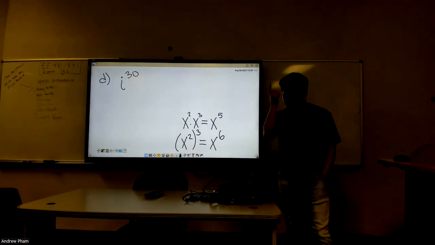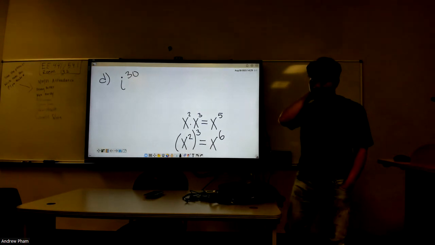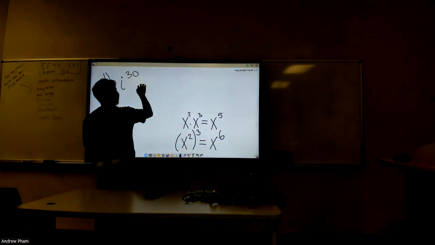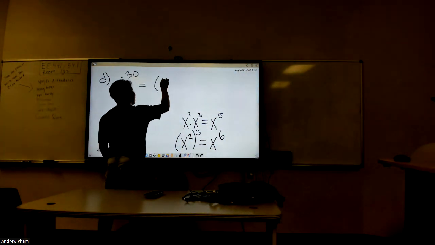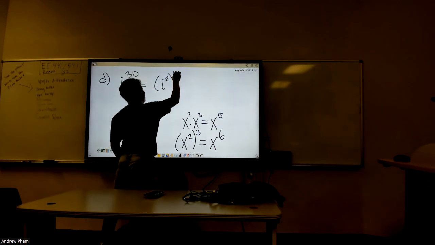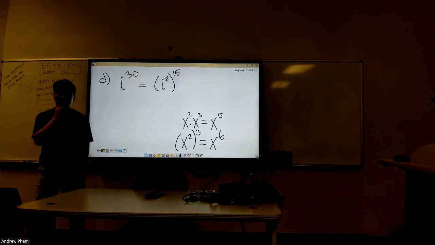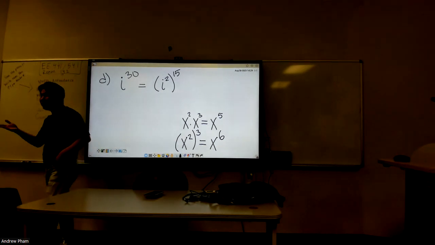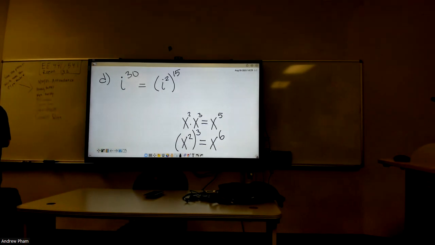So if I look at i to the 30th power, would y'all agree that this is the same thing as me writing i squared to the 15th, using that same thing as what I did here? Because 2 times 15, we get 30.